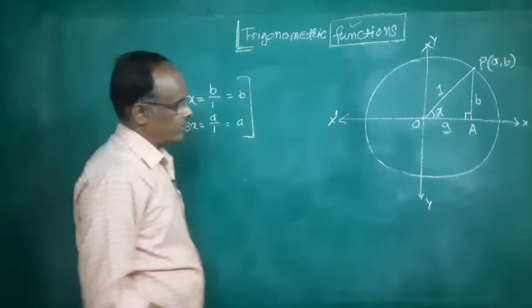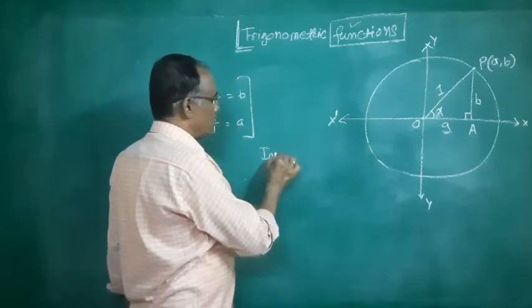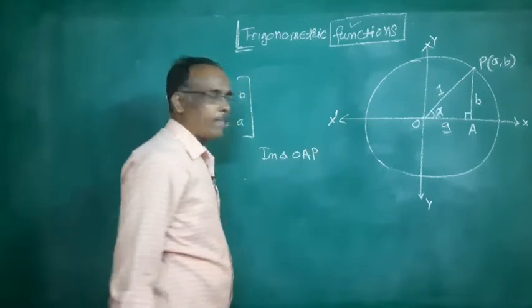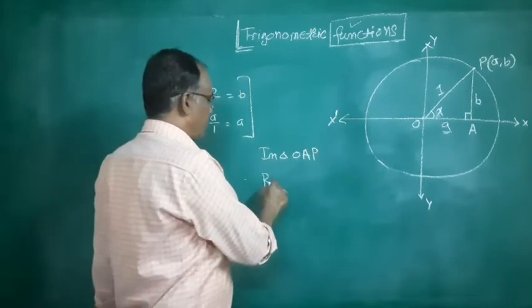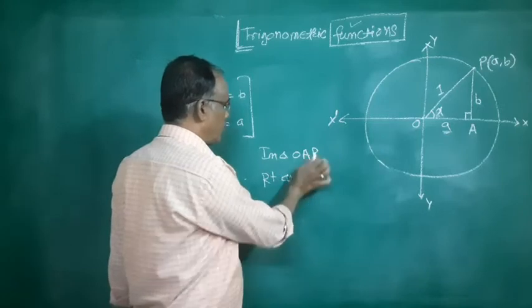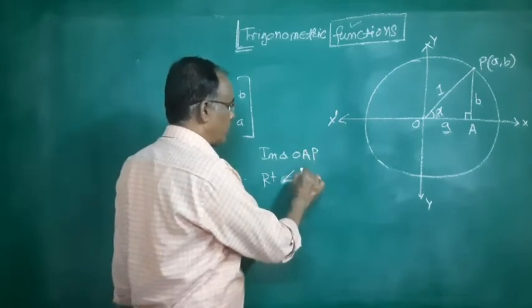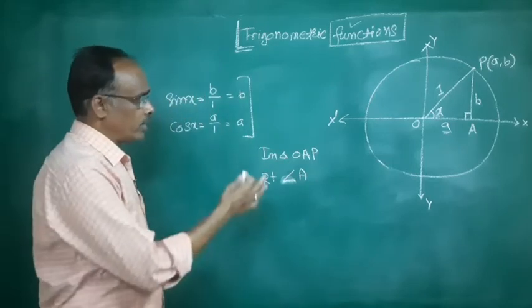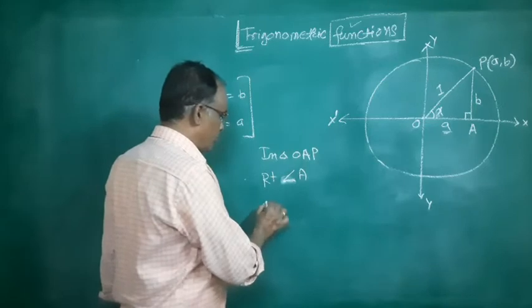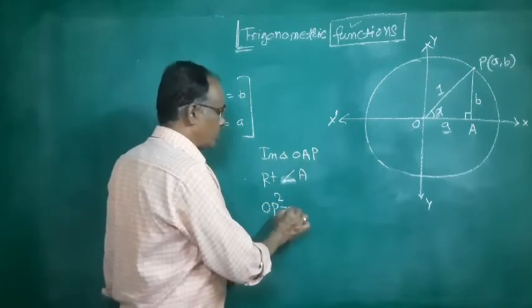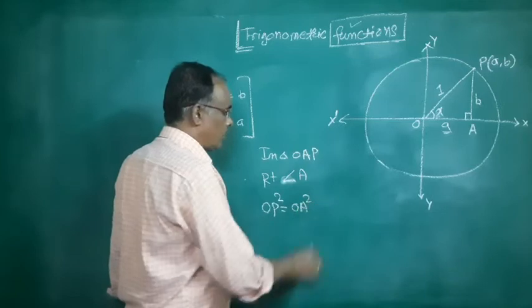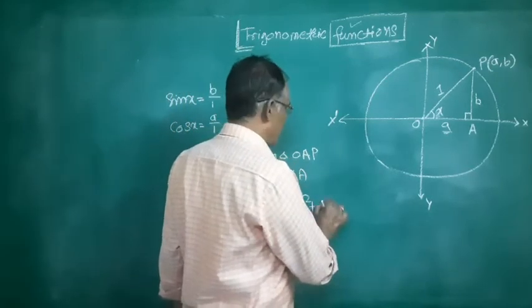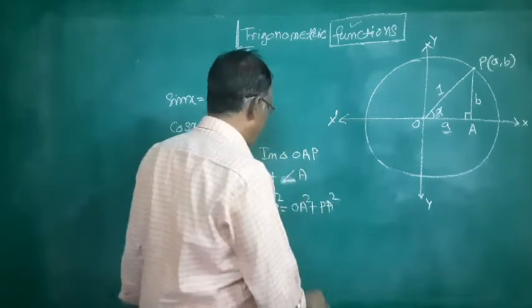Now in triangle OAP, right angle at A. Therefore by Pythagoras we can say that OP square equals OA square plus PA square. What is OP?